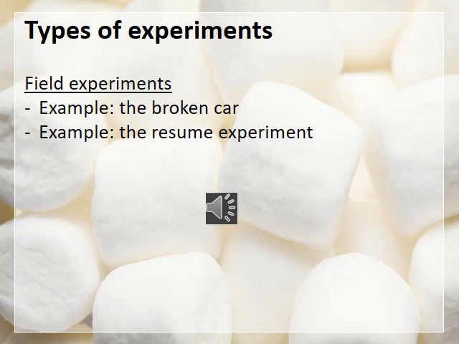Another example of a field experiment that was done in the past is the resume experiment. I want to know if the name of a candidate will influence employers in calling this candidate for an interview. So I can send the same resume or an equivalent resume with 3 different names to a number of different companies.